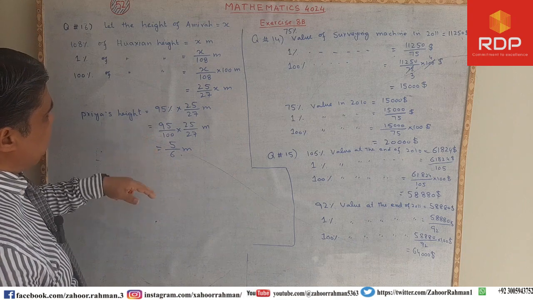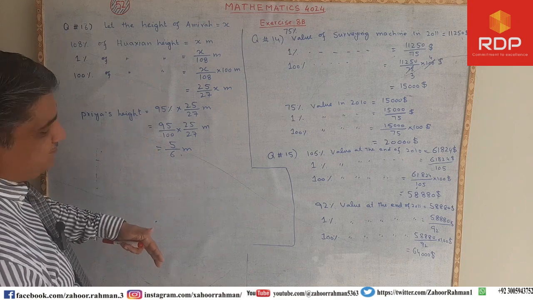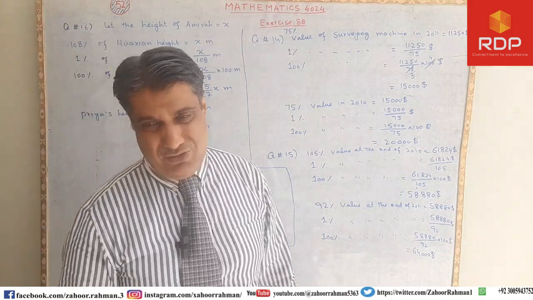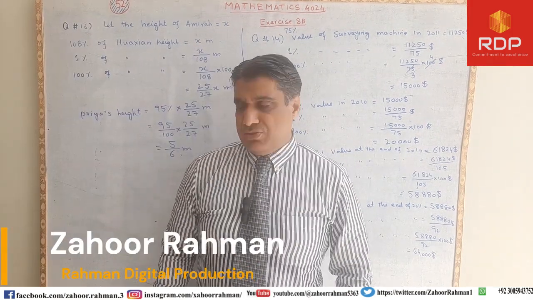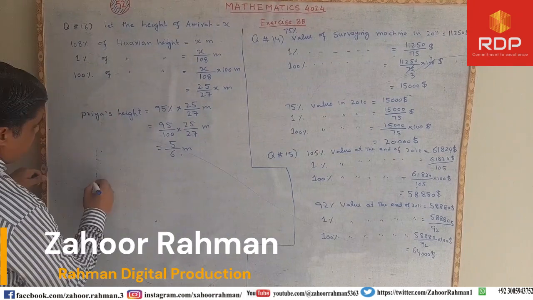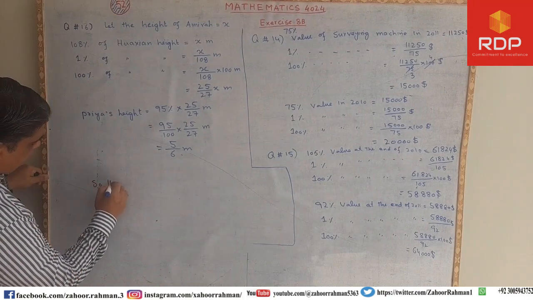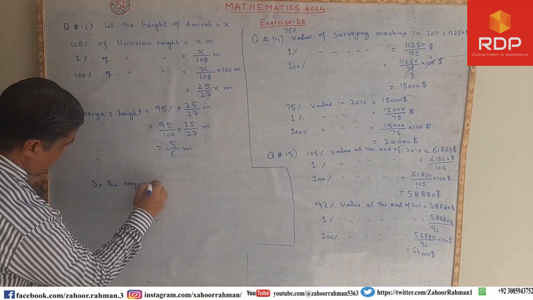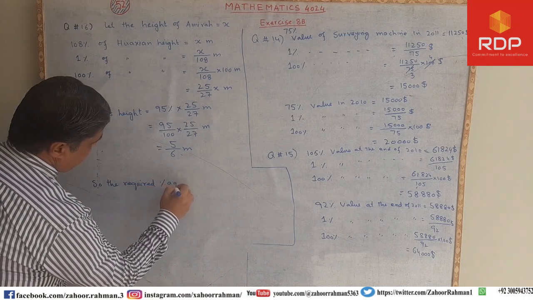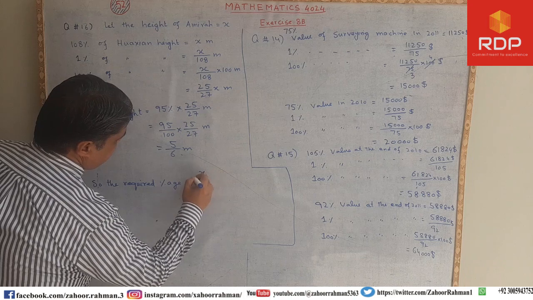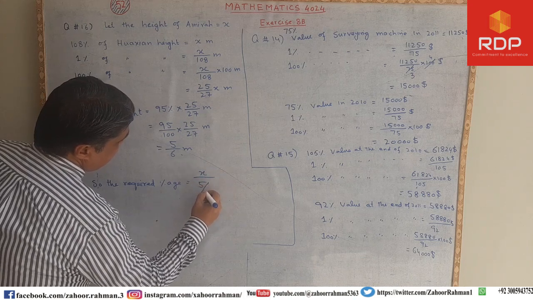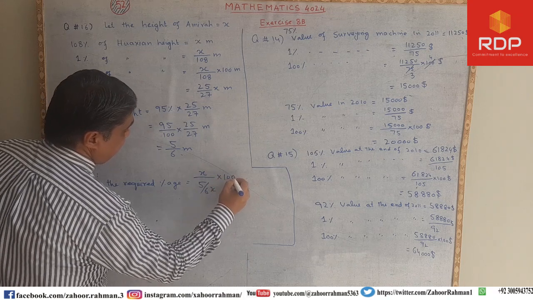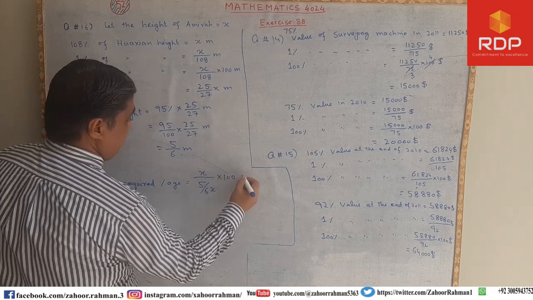The question is saying to find the value, so the required percentage is x divided by 5x divided by 6 multiplied by 100 percent.